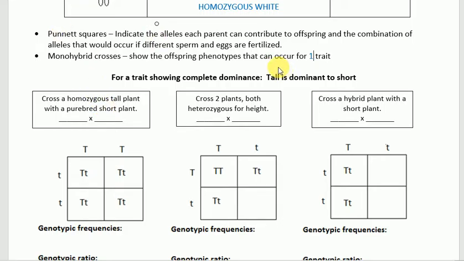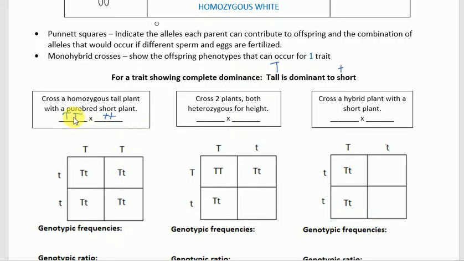So we know that tall, capital T, is dominant to short, lowercase t. A homozygous tall plant, homozygous meaning same, would be capital T, capital T, to a purebred short, so that would be lowercase t, lowercase t. Could also be referred to as a homozygous recessive.